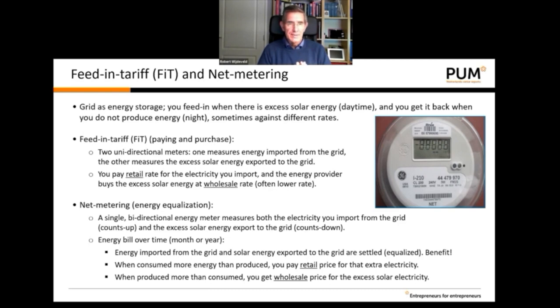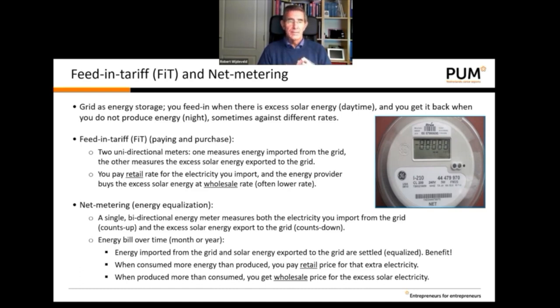We have a feed-in tariff possibility, paying and purchasing. If your network provider says, no, I only work with feed-in tariffs, that means you have to install two unidirectional meters, meters that count only in one direction. One meter measures the energy imported from the grid, for example at night.